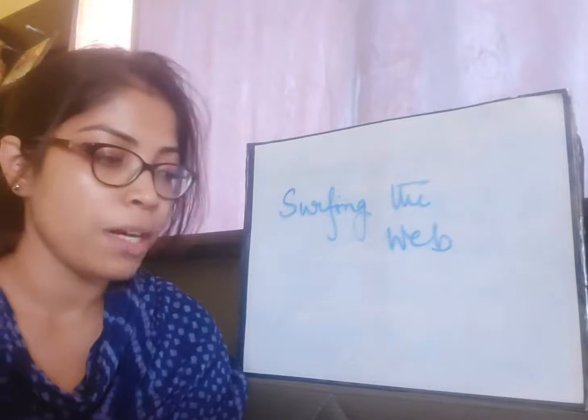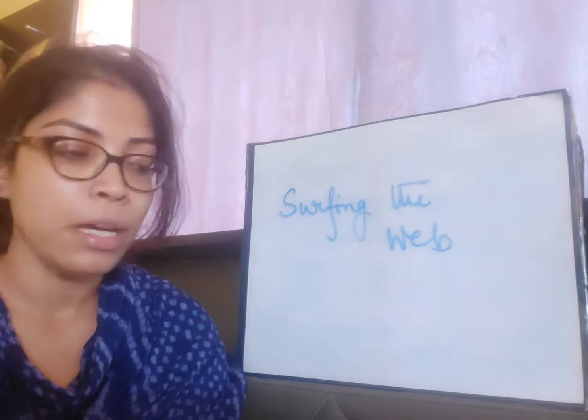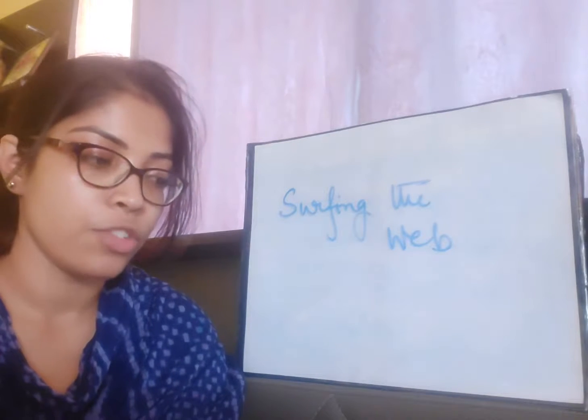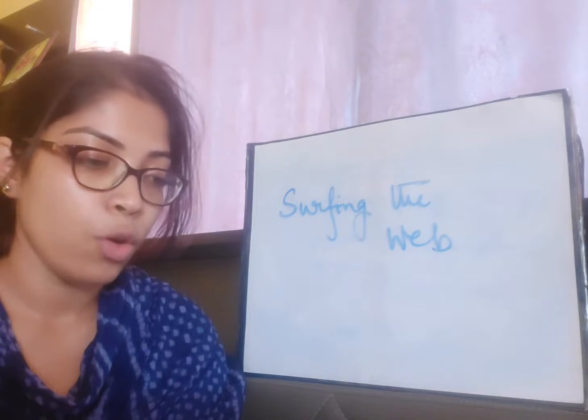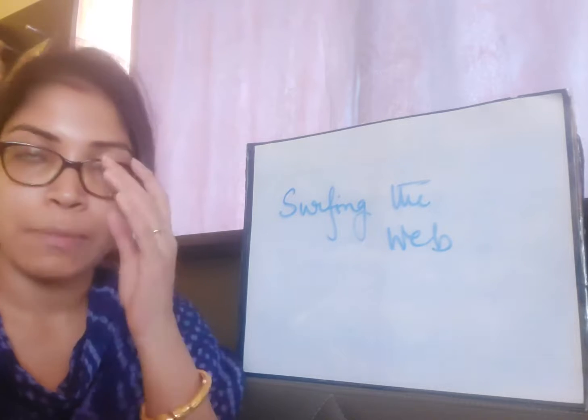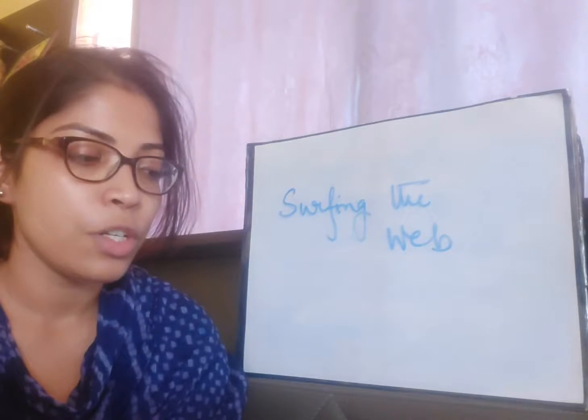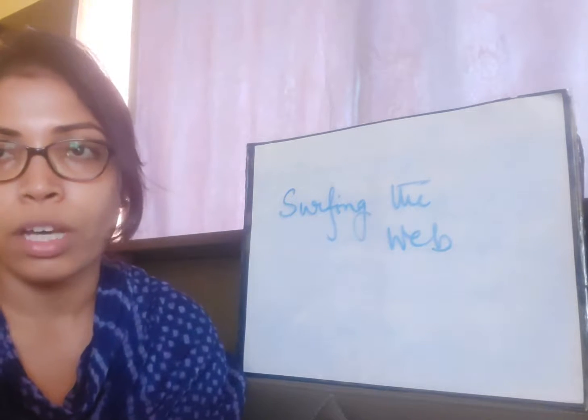This is the last part of the chapter Surfing the Web. I have given 4 videos previously of this chapter, and I hope whatever I have explained in those videos is clear to you all. In my last video I was talking about bookmarks.